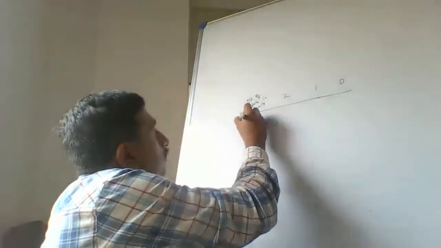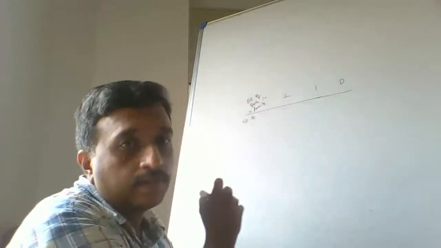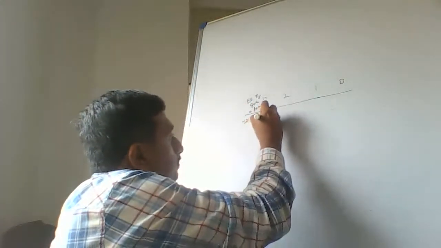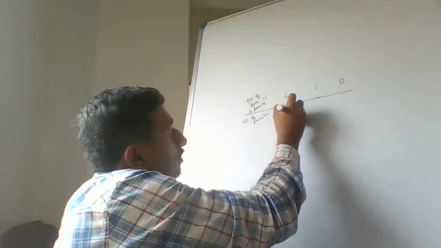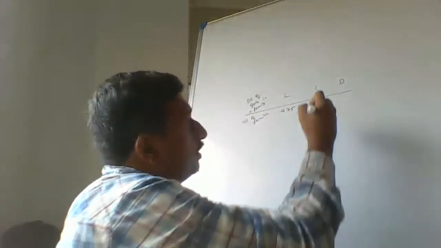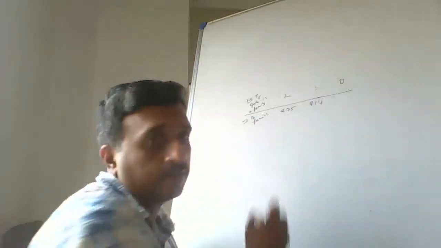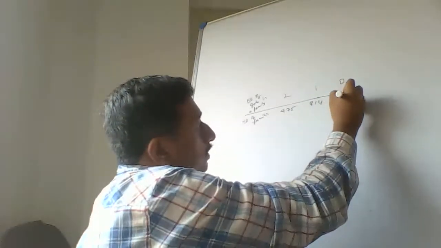And the number of families: 475, 814, and 211.